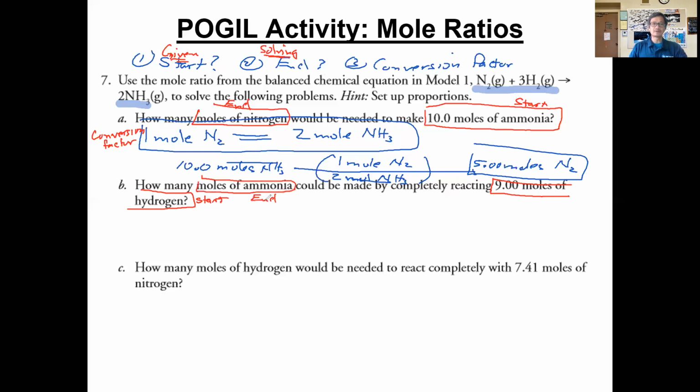And with our conversion factor, which I'm just going to write as CF, we can get that from the balanced equation here, because this time we're comparing hydrogen and ammonia.